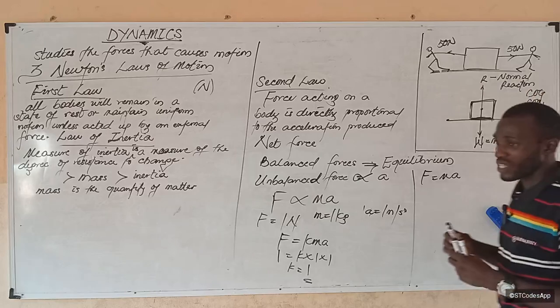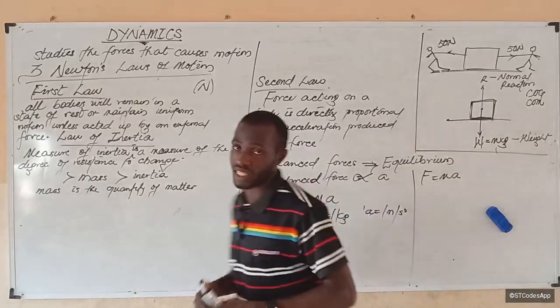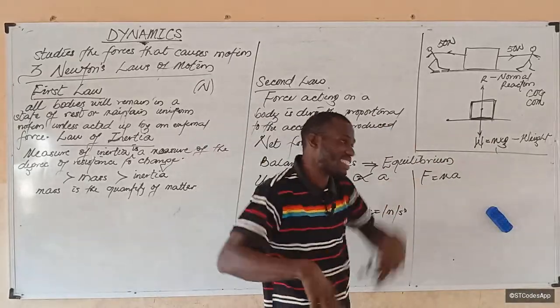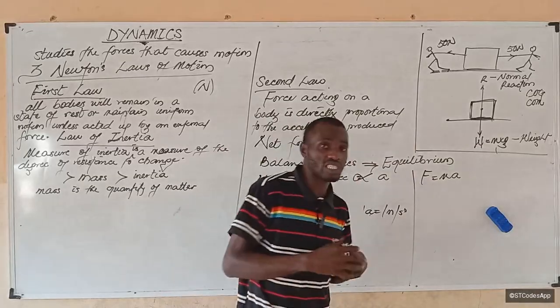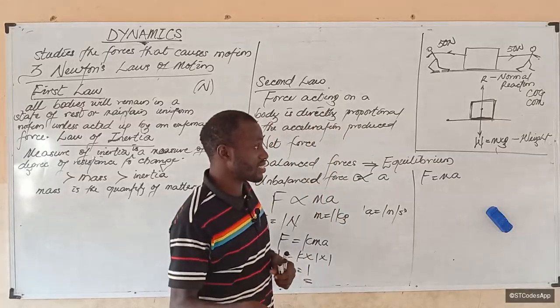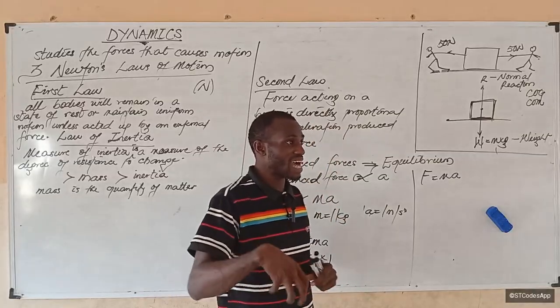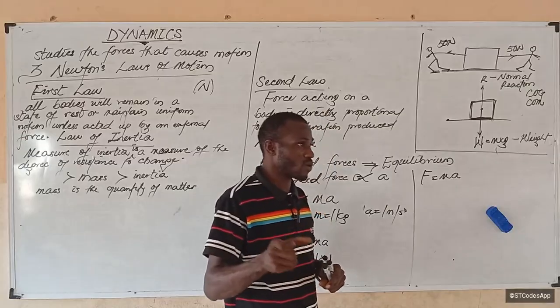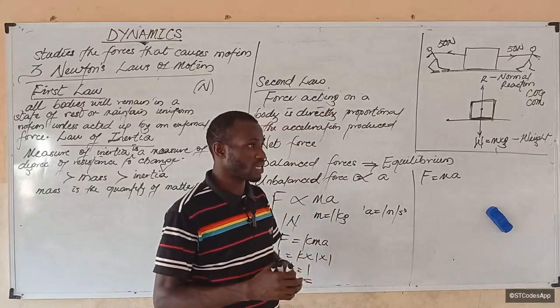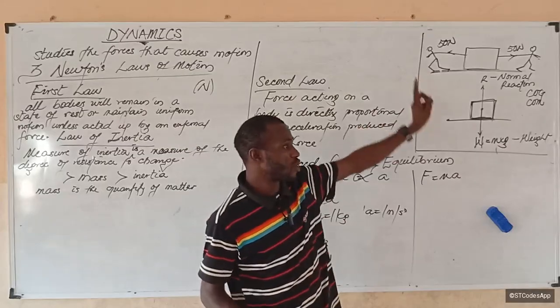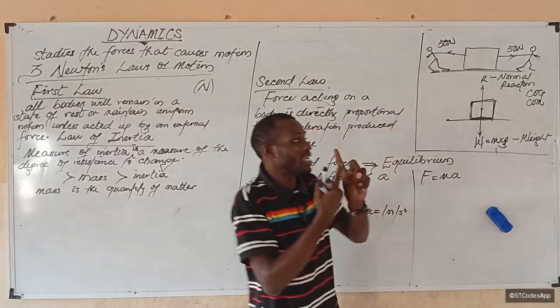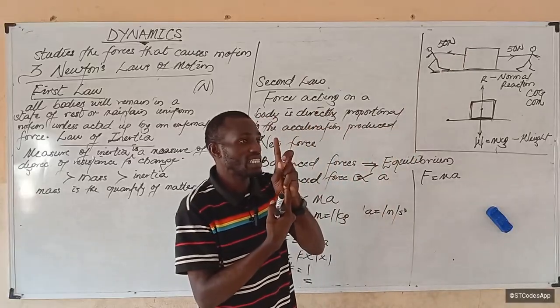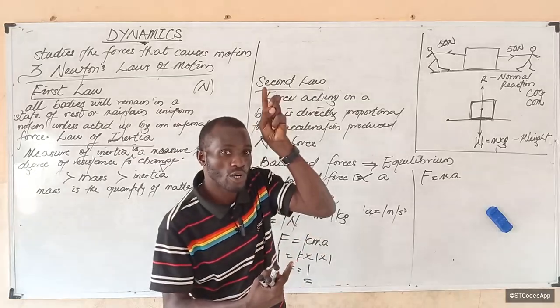The weight of the body is the magnitude of the force of gravity acting on that body. Now let's go on. Like I said, the normal reaction is what balances it. So you can see they are in opposite directions, acting opposite to each other.